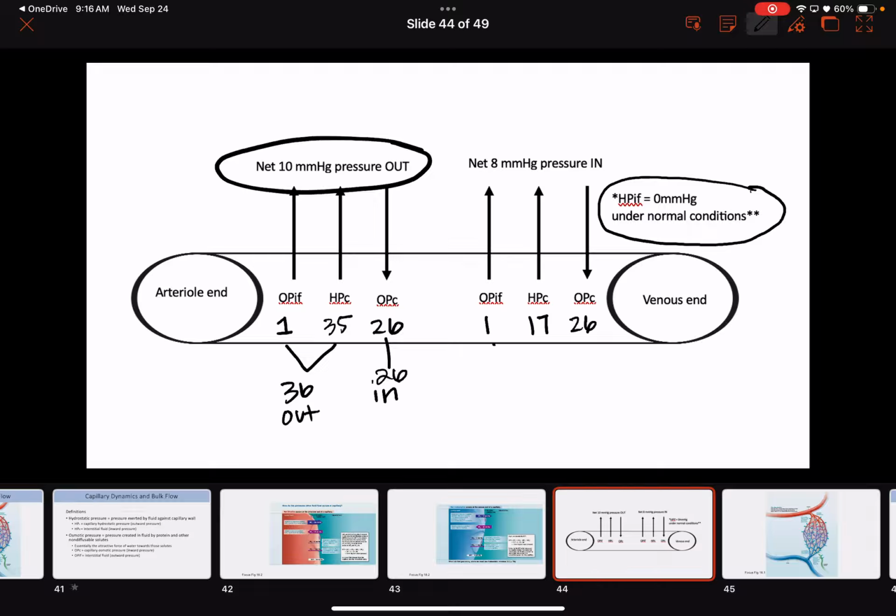So now our outward pressures equal 18. Our inward pressure is 26. And that gives us a net 8 millimeters of pressure inward in order to pick up that fluid, pick up the waste products, and recycle, get rid of them as we need.